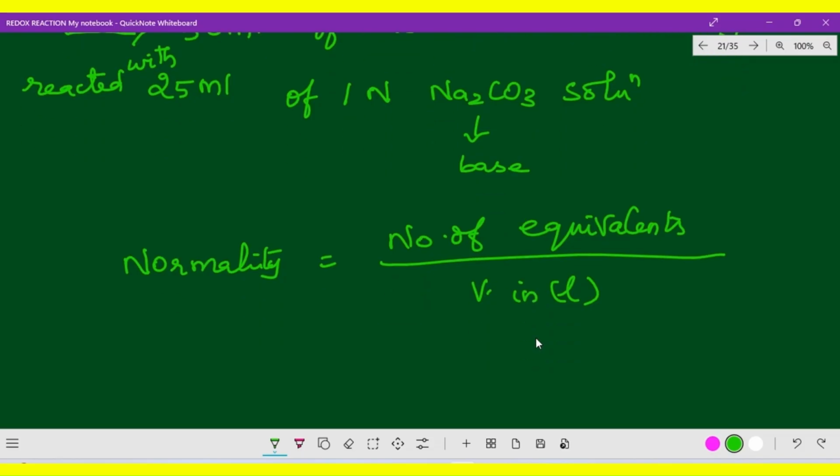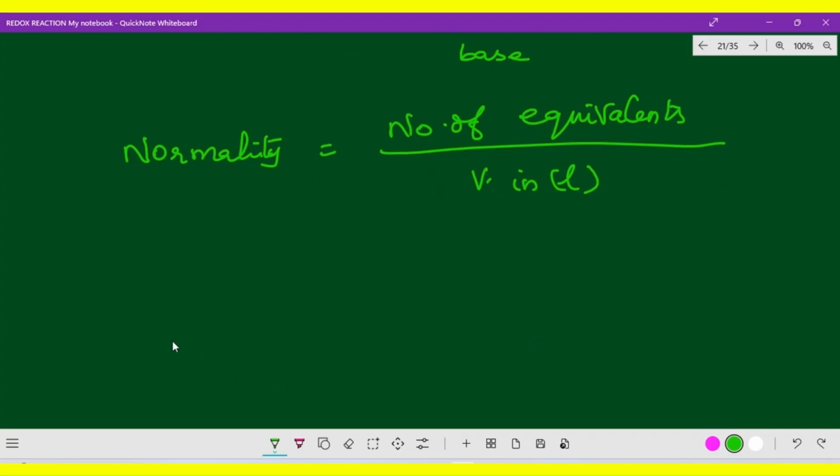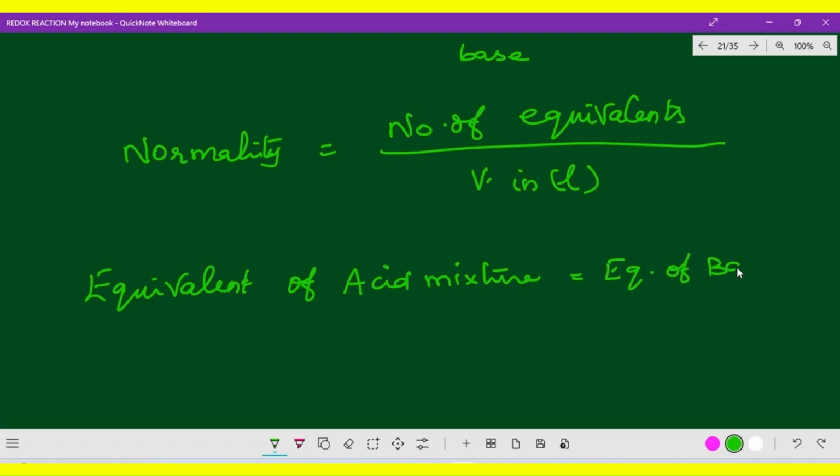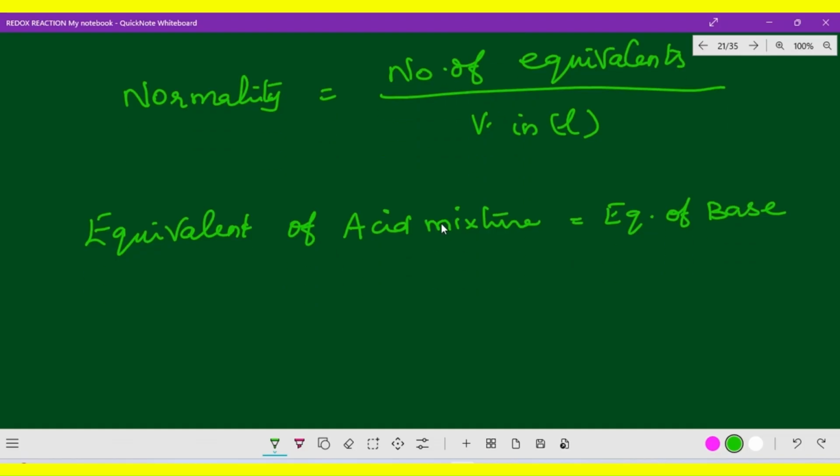So for that we have to identify the equivalents. The equivalents of acid mixture equal the equivalents of base. The base is Na2CO3, and the acid mixture is HCl, HNO3 and H2SO4. Both of these we can identify.